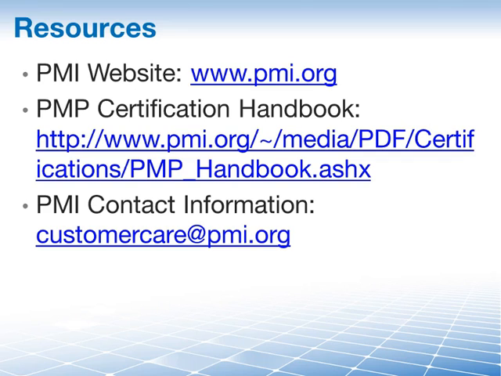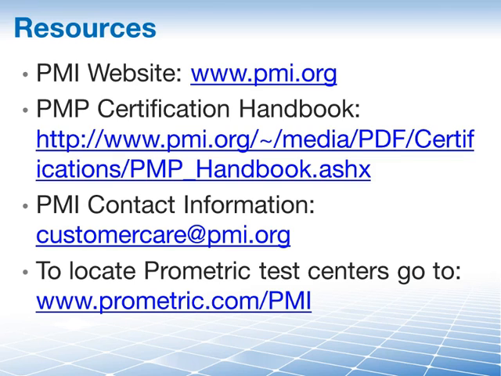If you need to contact PMI, simply write to customer care at pmi.org and ask your question. They're quite good. They respond usually within about 2 to 3 business days, depending on how many tickets they are receiving on the day that you're sending your question in. And to find a Prometric testing center in your area, please go to prometric.com/PMI to see where you will have to go to take your exam.